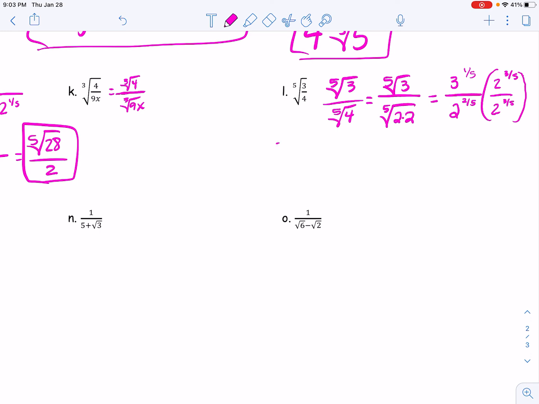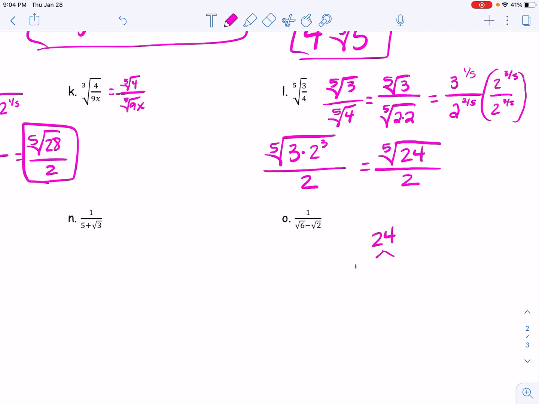Then that would be the fifth root of 3 times 2 cubed over 2, which would then be the fifth root of 3 times 8, which I know is just 24 over 2. I want to double check real quick, but 24, 12, 2, 6, 2, 3, 2.